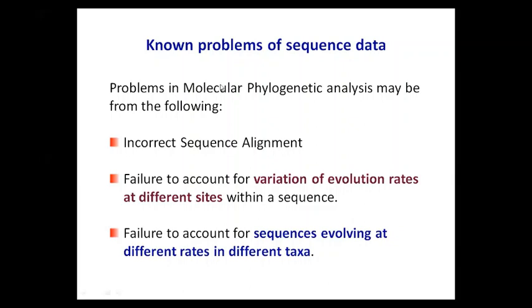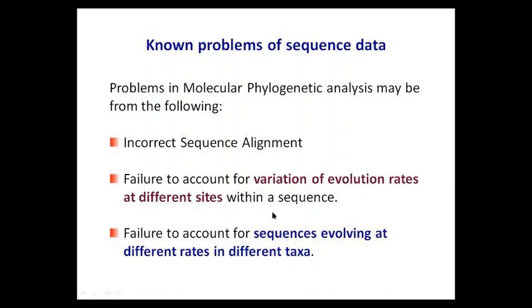So if your phylogenetic analysis is to be correct, the first prerequisite is that you use the appropriate method of sequence alignment so that you can arrive at an inference regarding their similarity and dissimilarity based on the perfect sequence alignment.